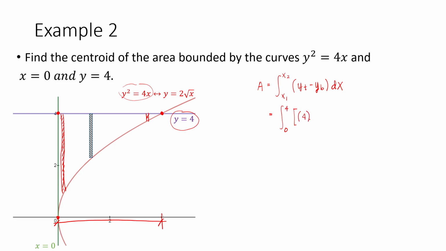And then minus y bottom, which is the red graph, which is y squared equals 4x. In terms of y equals x something, converting, we have y equals 2 square root of x. So this becomes 2 square root of x, and then dx.